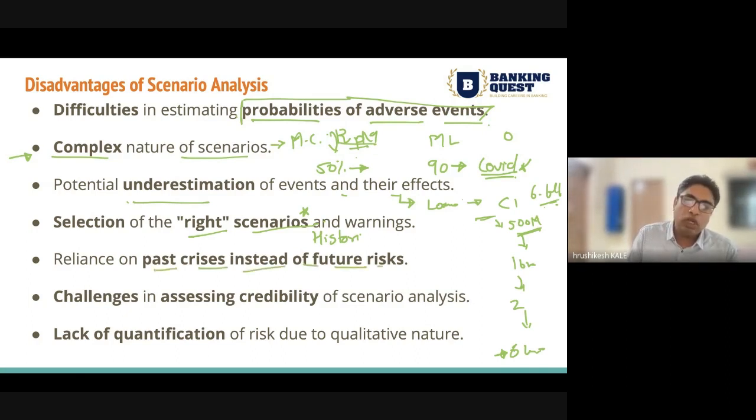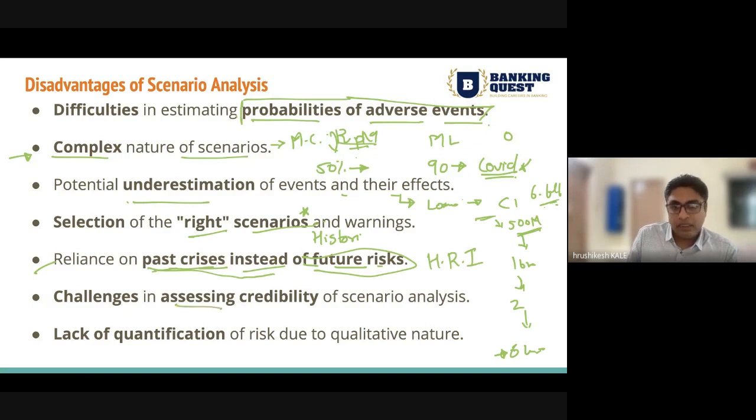So basically, we look at the past because history repeats itself, and therefore you rely on past crisis instead of future risk. You should not rely, but you generally rely because you do not have any measure to calculate the future risk. So you try to find out past crisis, and depending upon that, you try to prepare a scenario. Okay.